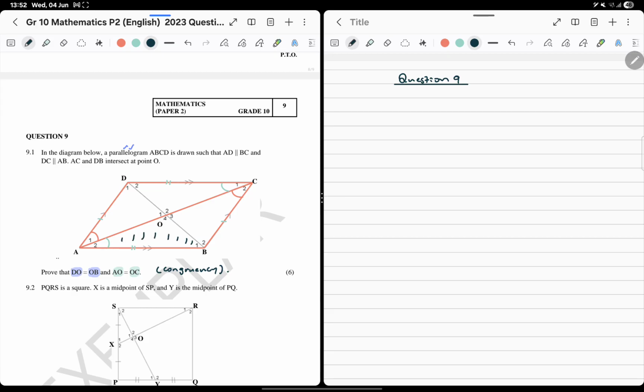Choosing this triangle and that triangle for congruency can also be looked at, because we've got vertically opposite angles and then alternate angles. So again, we've got angle, angle. No, this one doesn't seem to work. Oh, by the way, we know that the diagonals of a parallelogram bisect each other. And in this case, we can use this property.